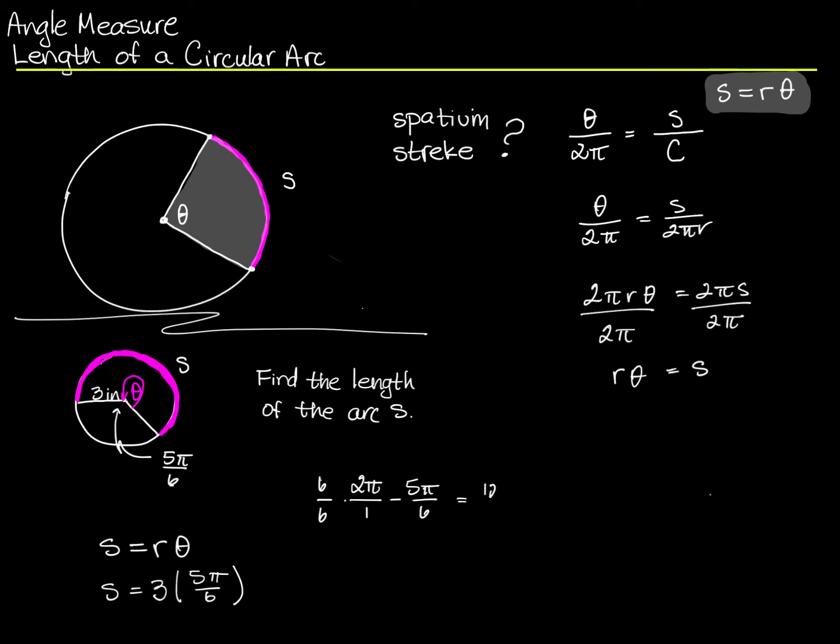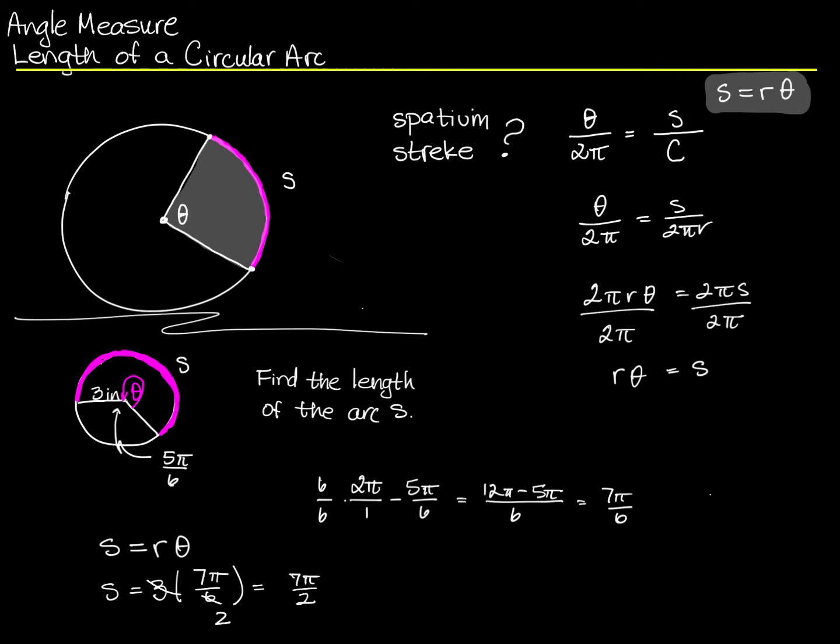So I have 12 pi minus 5 pi over 6. That gives me 7 pi over 6. And that's the angle that I need to use in my formula here. So let me change that to a 7. And now I can do the rest of my computations. The answer is that S is 7 pi over 2.